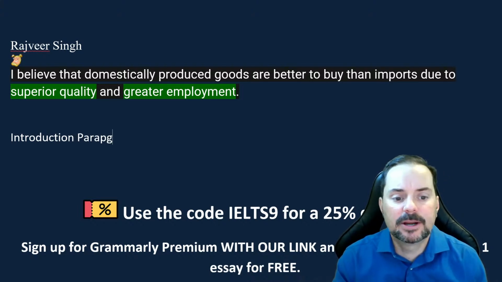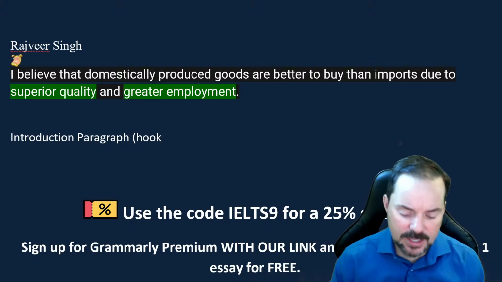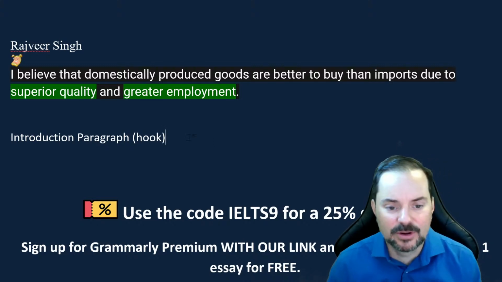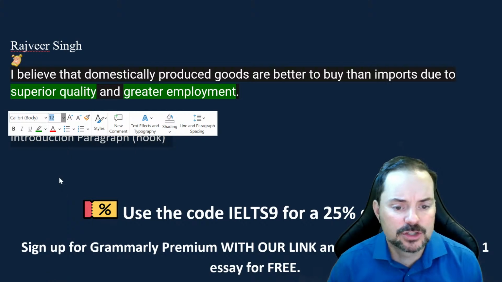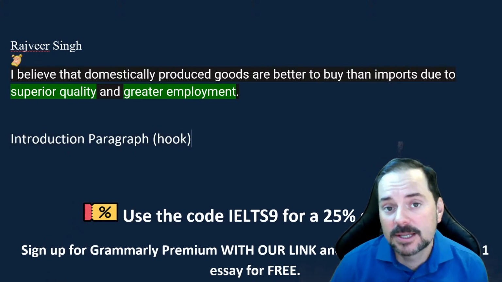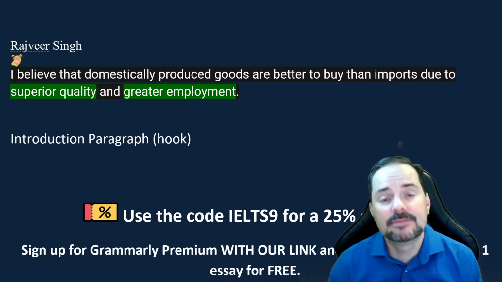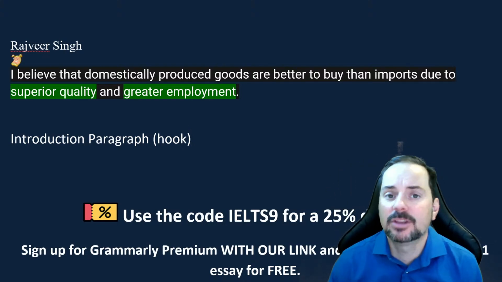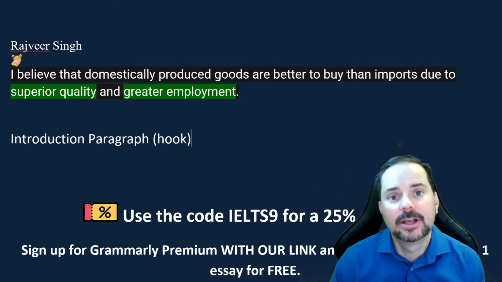So introductory paragraph. An introductory paragraph should have a hook. And yes, I know some of you are going to say, my teacher said it doesn't need a hook for task 2. If you want to write a band 6 essay or a band 7 essay, no, it doesn't. But if you want to write a band 7, 8, 9 essay and give yourself a chance to write a higher band essay, then you need a hook.